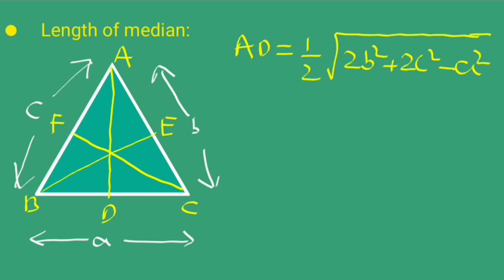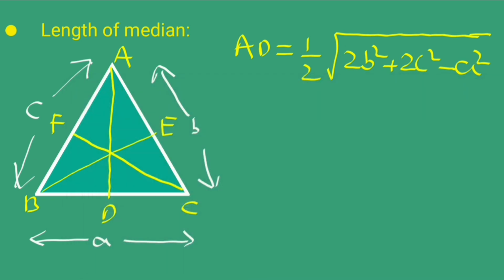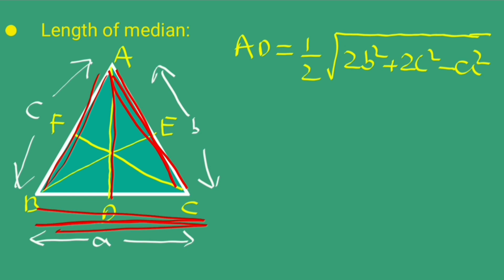This is the AD median length formula. AD median length is equal to half into square root of 2b square plus 2c square minus a square.